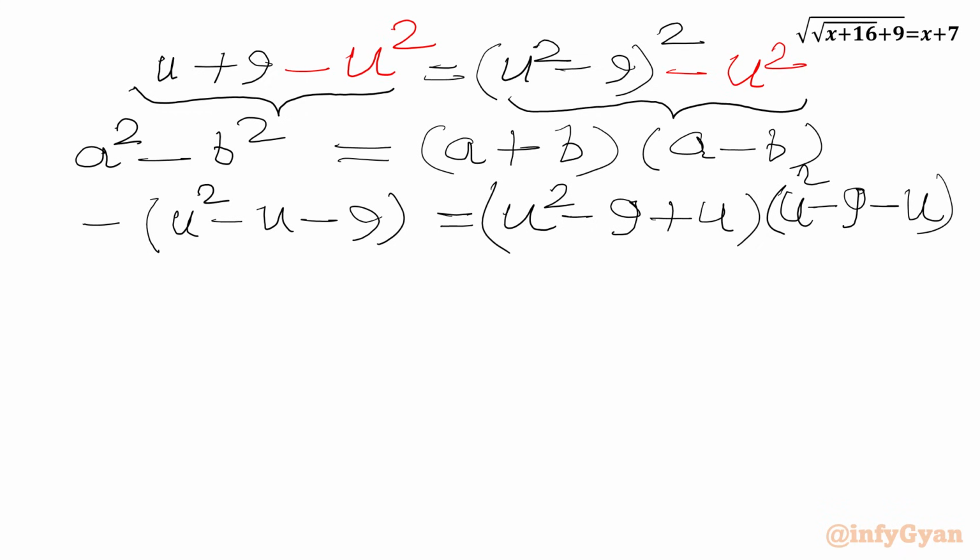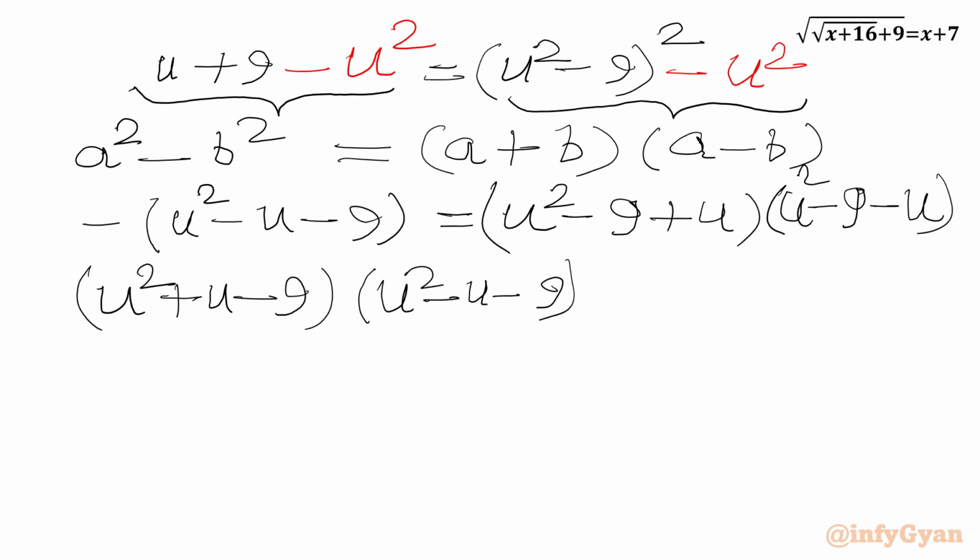Now we will take all the terms to the right hand side. So we have to write our RHS first. So RHS is u square plus u minus 9. Then we have u square minus u minus 9.